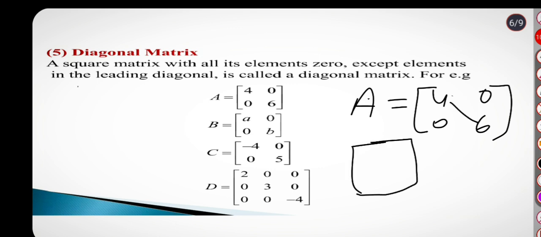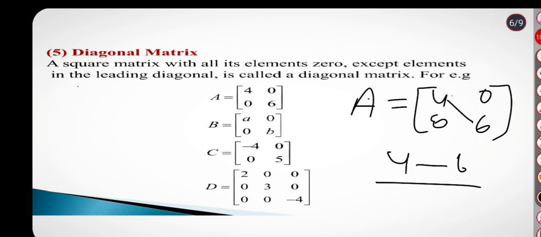This is a square matrix, and in geometry this line is the diagonal line. So you can see that this is a 2 cross 2 matrix, a square matrix, and this line should be the diagonal. The elements 4 and 6 are non-zero, but all other elements are 0. So we can say that A is a diagonal matrix.